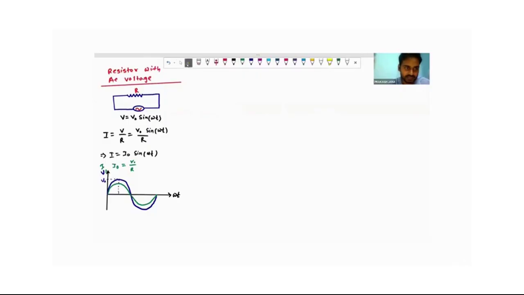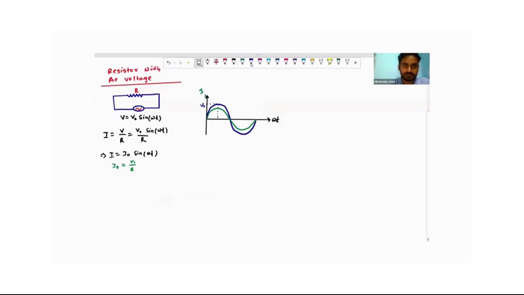Let me copy and move this graph here. So here the V will be here. Now we will draw the phasor diagram for this resistance sub-circuit.